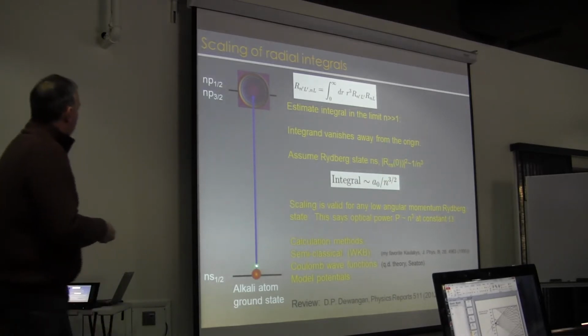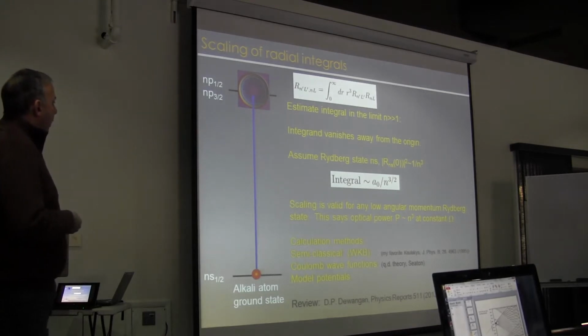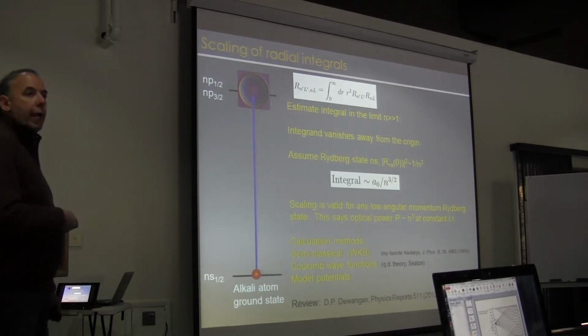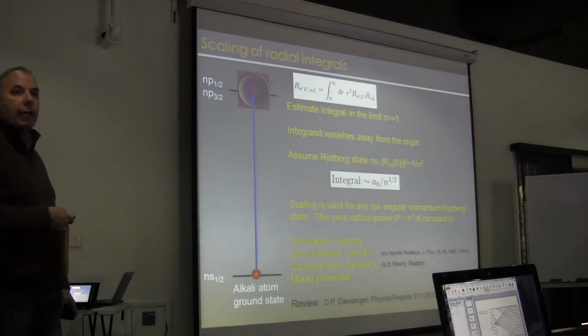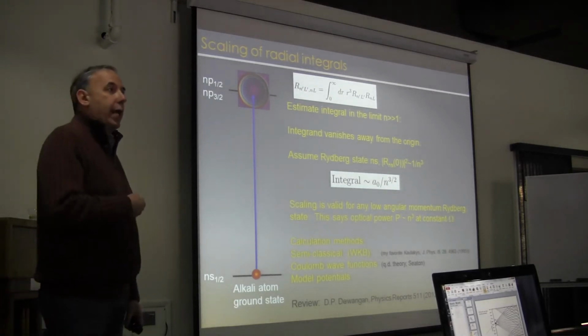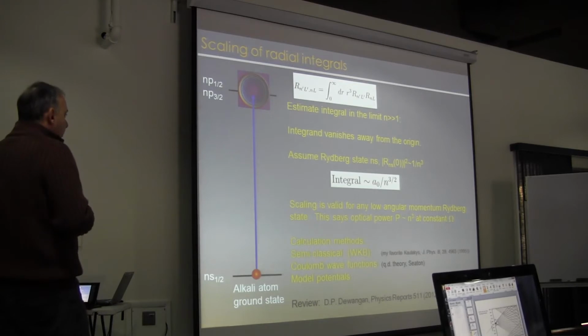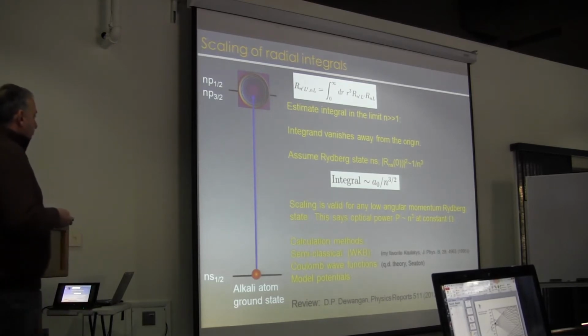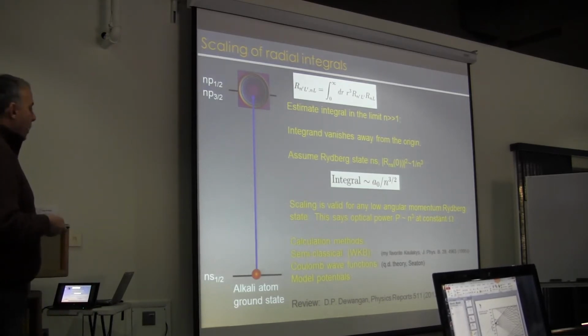So we know that going from the ground state up to a highly excited S state, this integral should scale as 1 over n to the 3/2, and that scaling is maintained also for the higher L states, not just the S states. To actually calculate the numerical value, there are different methods we could use.